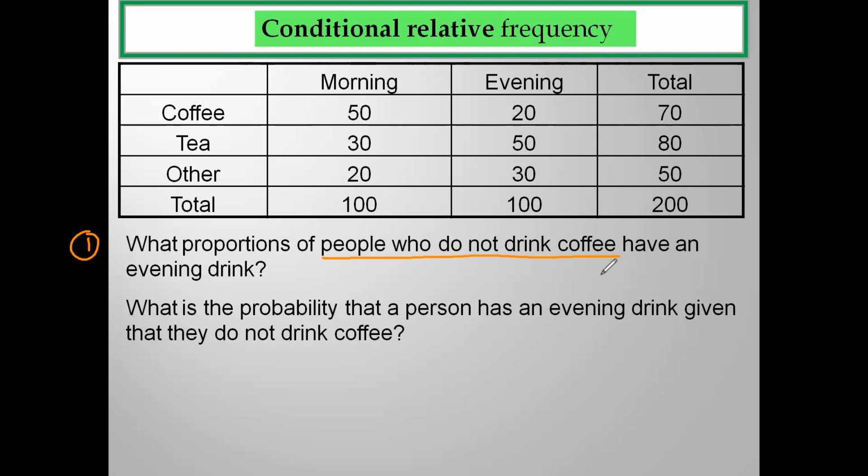Once we know how many people want to have drinks, then we can figure out the time frame in the evening. As a result, people who do not drink coffee would be the equivalent of our second sentence, the "given that" statement, that they do not drink coffee. So in both of these situations, we can label these as our events A.